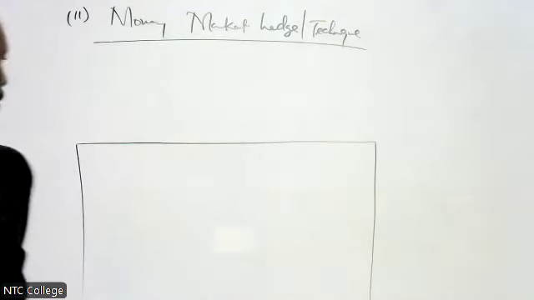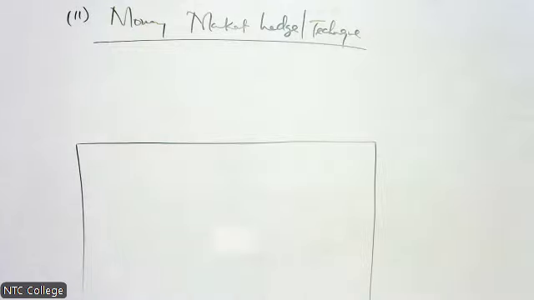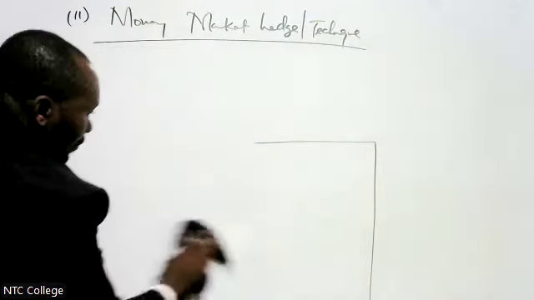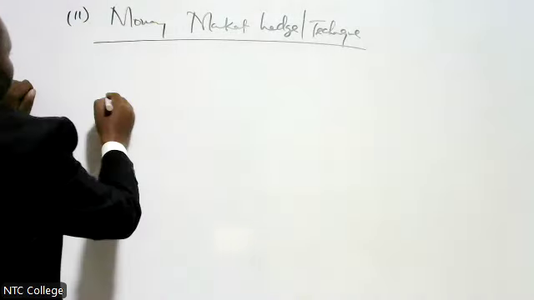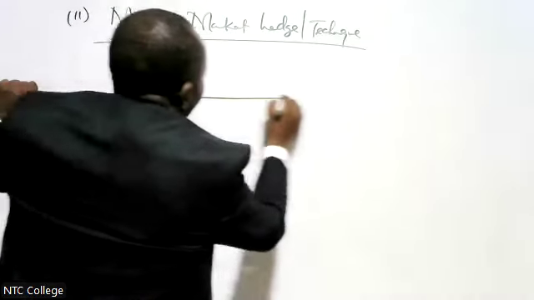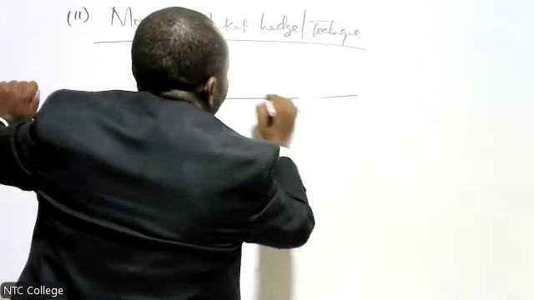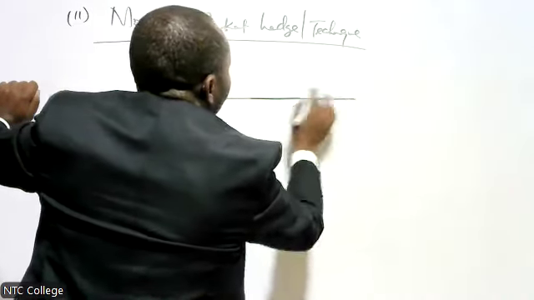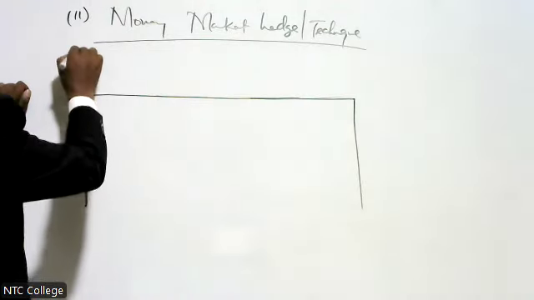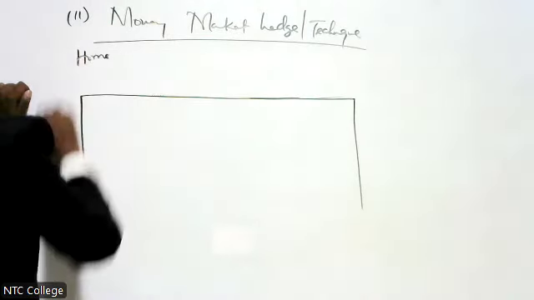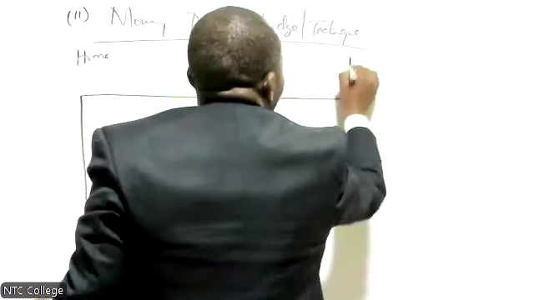Then after drawing the table, you have here home, and then make this one foreign.